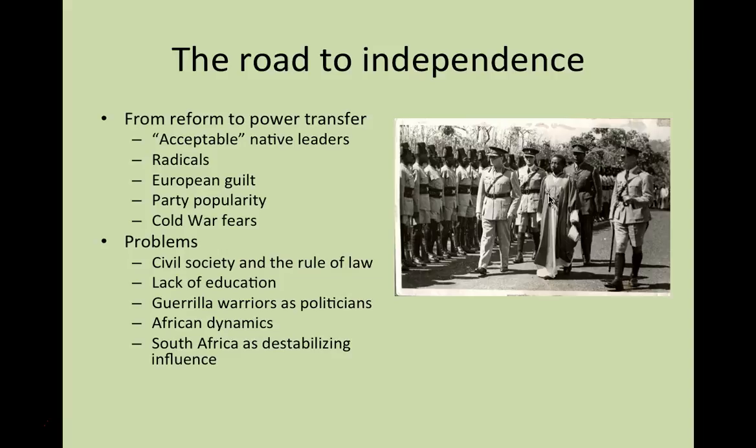There's also the issue of, in places where the transfer of power was violent, the most common form of violence was guerrilla warfare. And those who were good at organizing and leading guerrilla warriors, or who at least inspired them, often did not make great politicians, great political leaders.